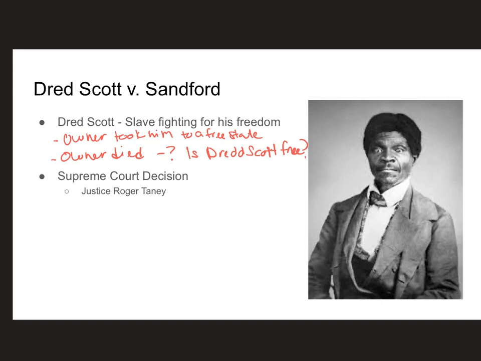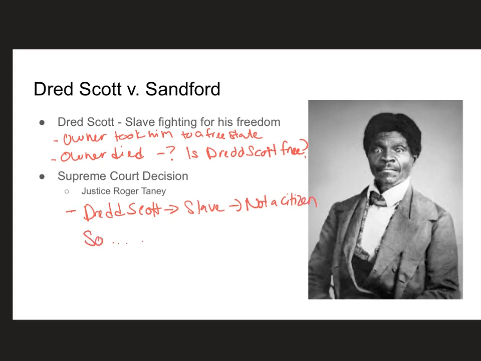So what ended up happening was the Supreme Court, under Justice Roger Taney, ended up saying that Dred Scott, because he was a slave, was not a citizen.